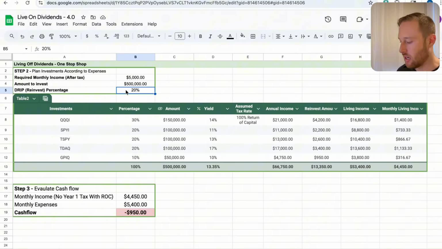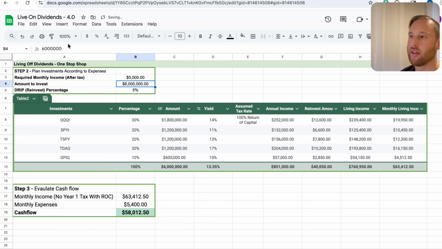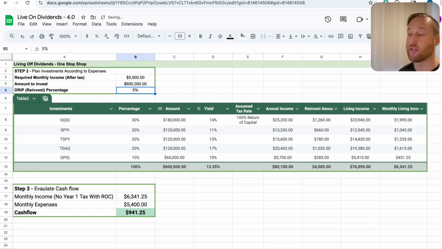So effectively, we need to either reduce our drip percentage pretty low here or increase our amount to invest. Okay. And now a lot of you, or some people in the comments, are going to say 600,000, that is a lot to invest in these assets. They're new, they're unproven. And I would tend to agree with you. You have to do what is right for you based on your situation.